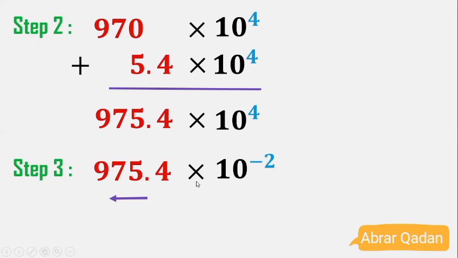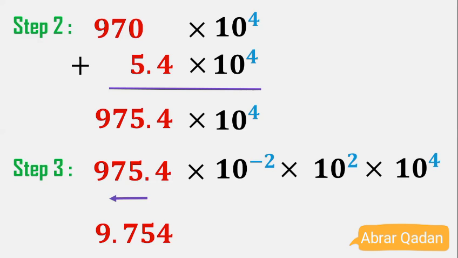So by multiplying this number by 10 to the power negative 2, or dividing by 10 to the power 2, and to make balance we also have to multiply by the same number. Okay, the answer will be 9.754, when we multiply 975.4 times 10 to the power negative 2 to get the number 9.754 after the decimal point.